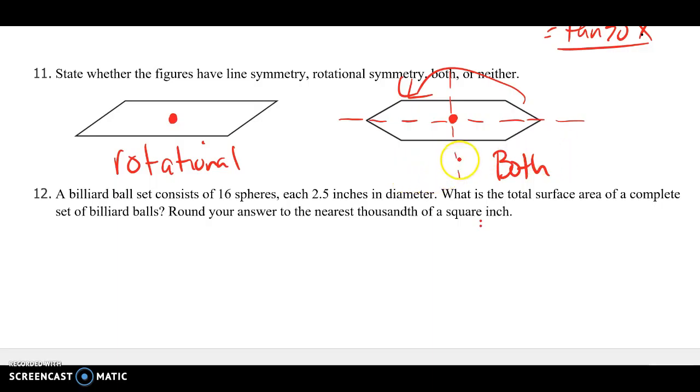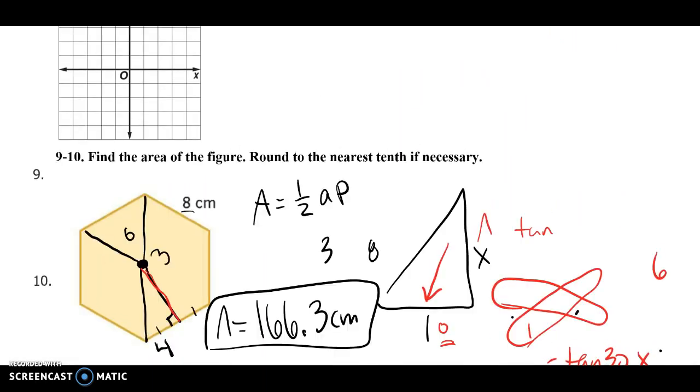All right, so one more of these bad boys, and let's read it. It says a billiard ball set contains 16 spheres. So we're talking spheres. And each is 2.5 inches in diameter.